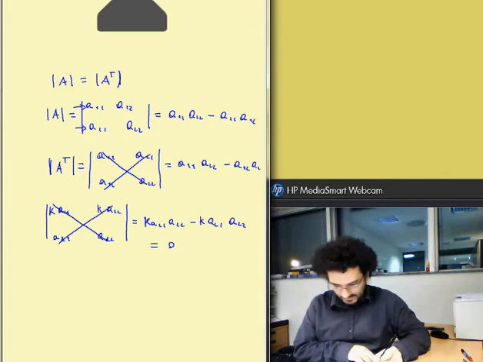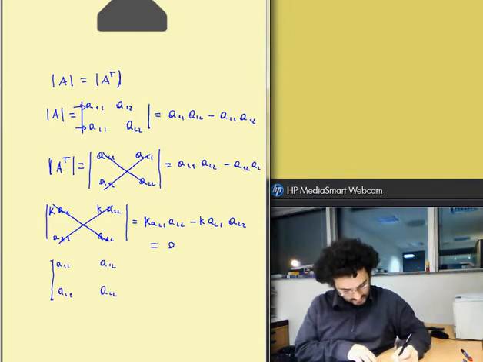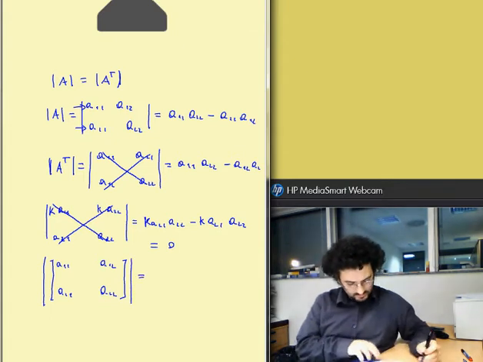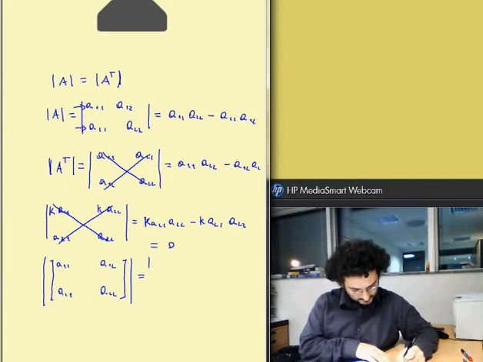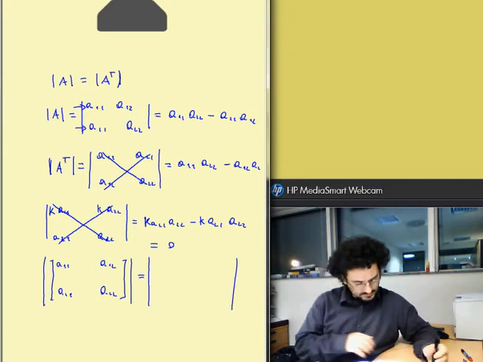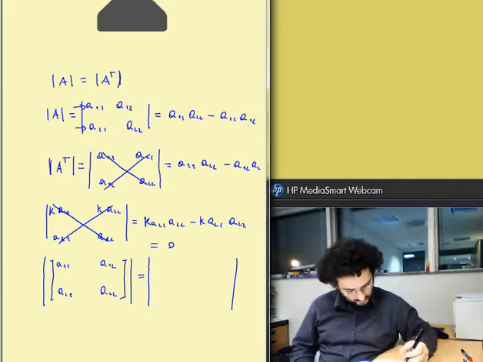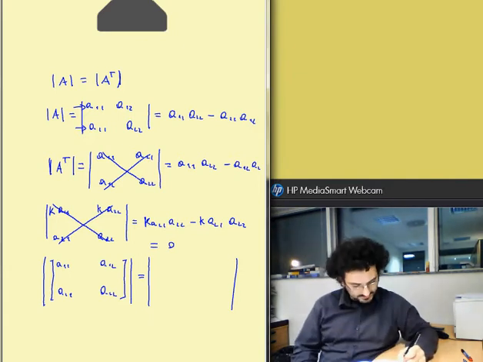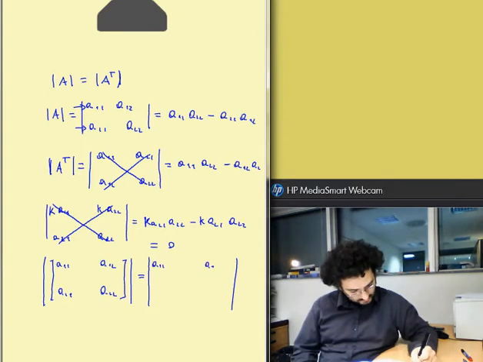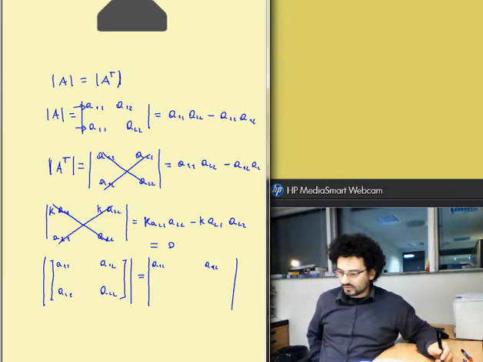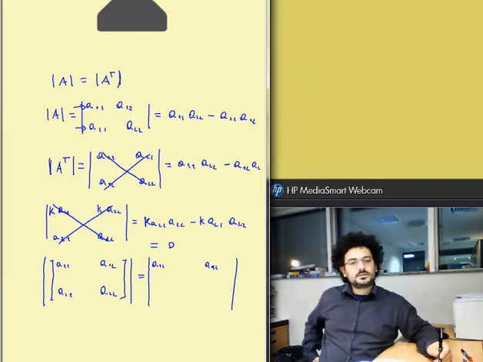If we have a general matrix A11, A12, A21, A22, the determinant of this matrix will be equal to the determinant of a matrix in which we consider, for instance, the first row equal to the previous matrix, A11, A12, and the second row equal to a linear combination of the first and the second row.